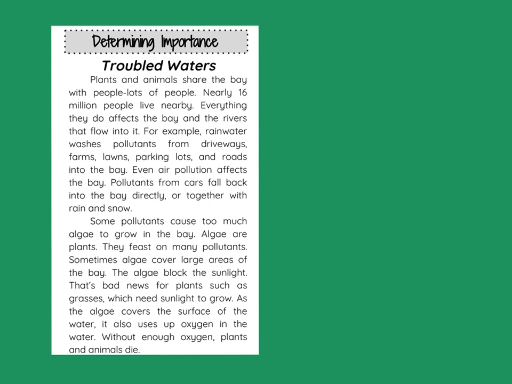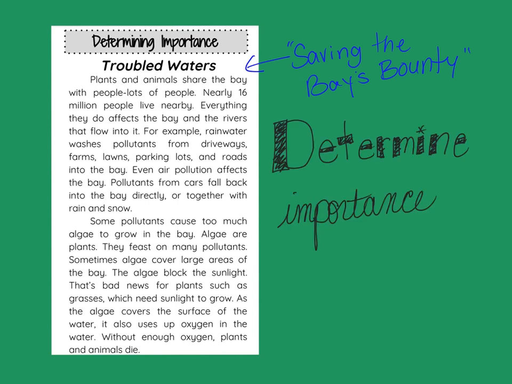Now we're going to bring in some text that connects to the image. This text excerpt is from an article called Saving the Bay's Bounty. I want you to take an opportunity and apply that strategy of determining importance.